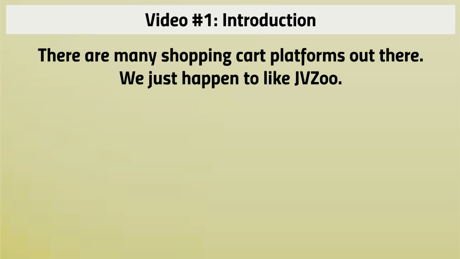And we feel like JVZoo definitely provides enough features and options for you to go different routes. But I really want you to focus on the simplicity. Just getting your product or services up and running and selling is the first thing. Don't worry about other things like coupons or anything like that. Just focus on setting up the basic front end offer and one-time offers.